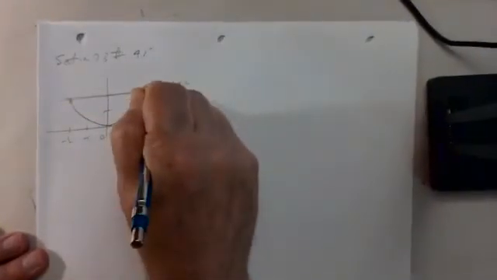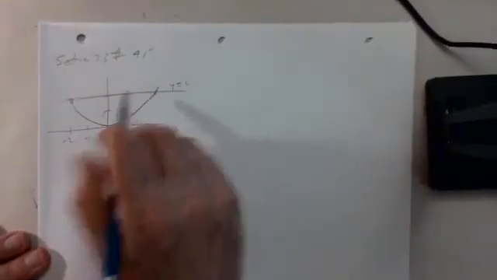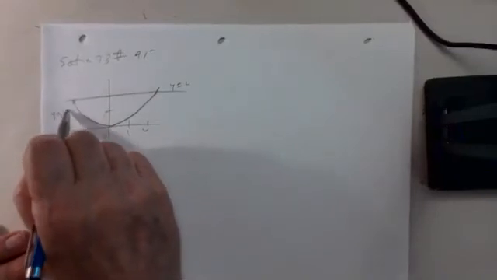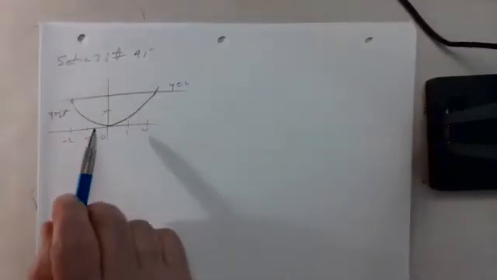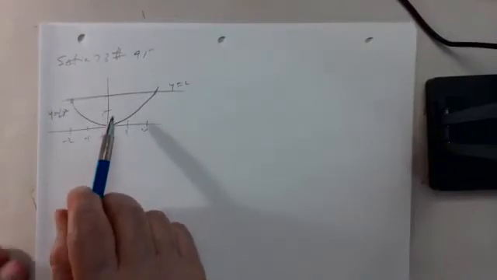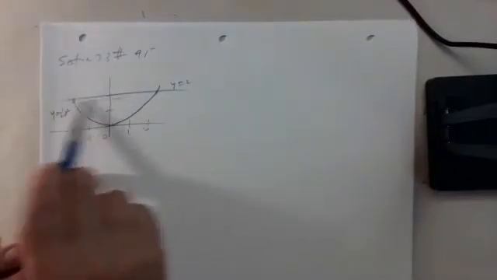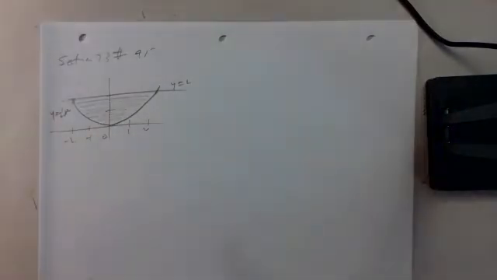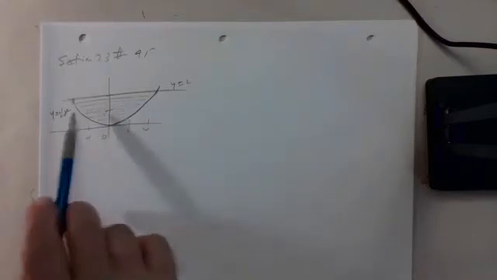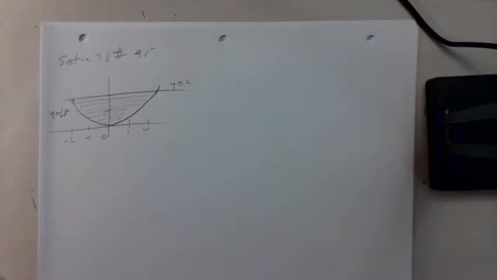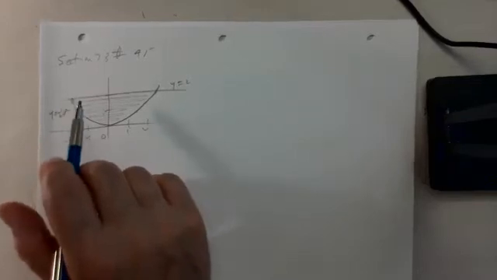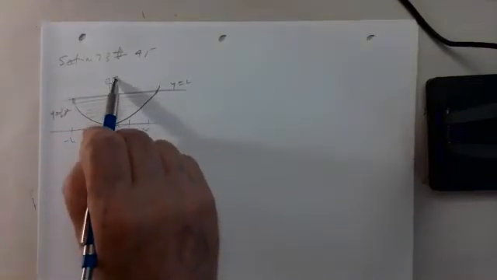And the parabola, y equals 1/2 x squared, looks like that. So the region bounded by y equal 1/2 x squared and y equal 2 is this parabolic region. And you generate a solid by revolving this region around the y-axis.